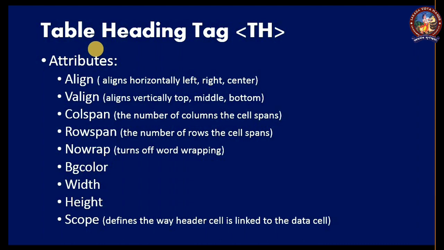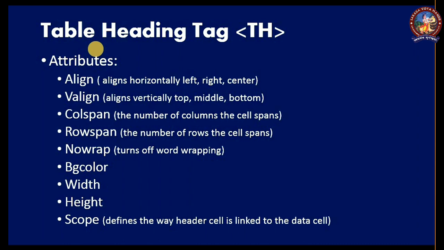Bgcolor we know, height and width also similar. Scope is basically used in HTML when the table is connected to a database, because it defines whether the header cell is linked to the data cell. This linking is very important when we are working with a table which is connected to a database.